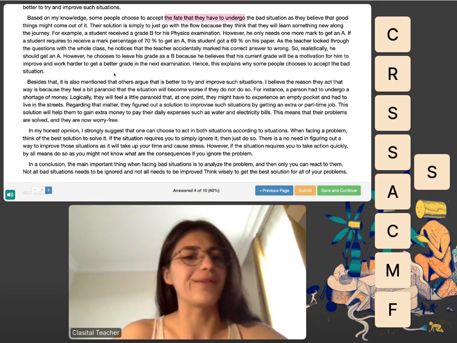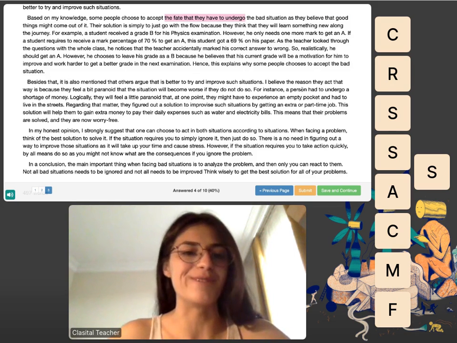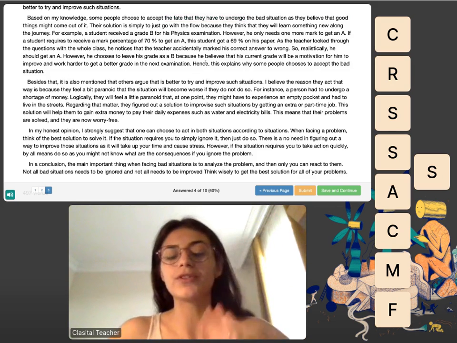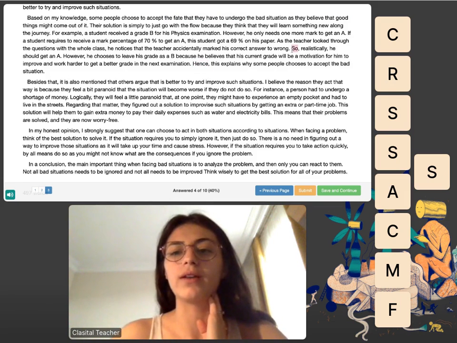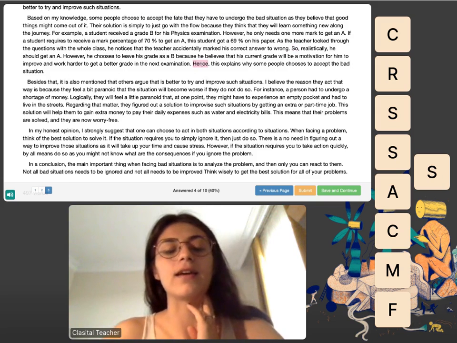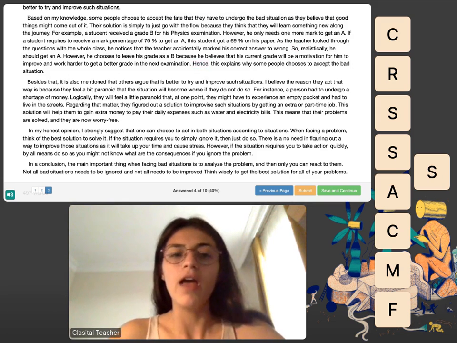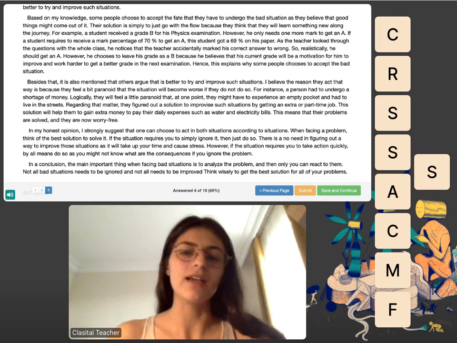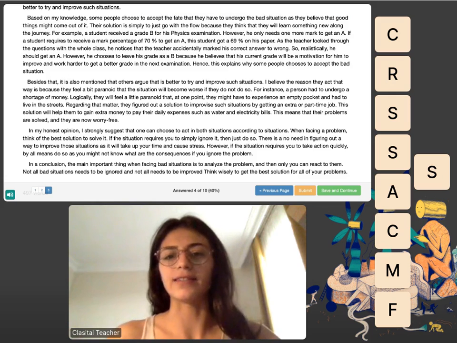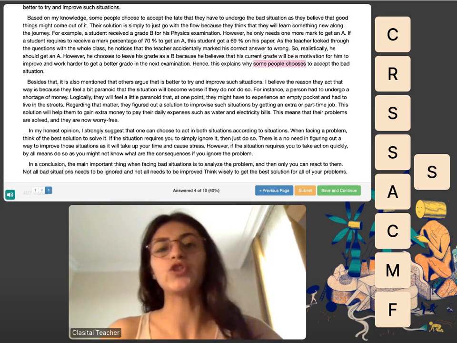And there were other relative clauses and noun clauses there too, which I cannot find at the moment. But this person also uses a lot of different linking words. So it says so, but then it continues with hence, for example. So there is a lot of good stuff there. That's why it could get a band 7, even though this essay has some mistakes. So, for example, it has some people chooses instead of some people choose.